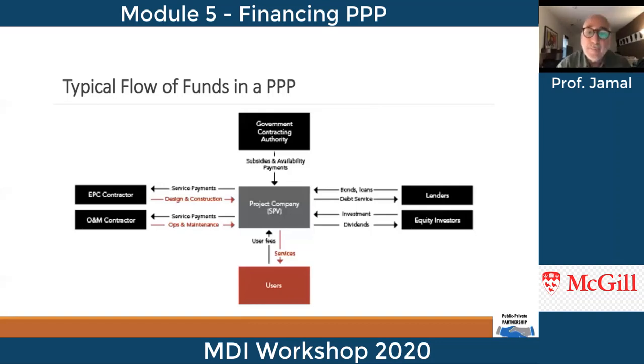But what is very important is that the users, who are supposed to pay for the service they are receiving, pay a user fee to the project company because the project company is providing them a service. It is very important to ensure, therefore, that the quality of the service provided by the company is of high quality. On the other hand, we need to ensure cost recovery.